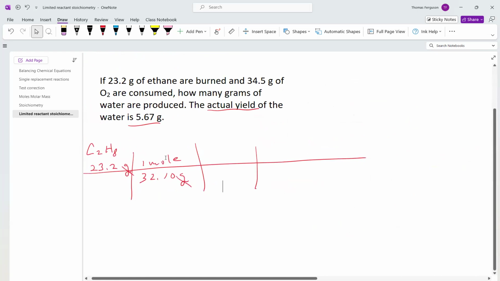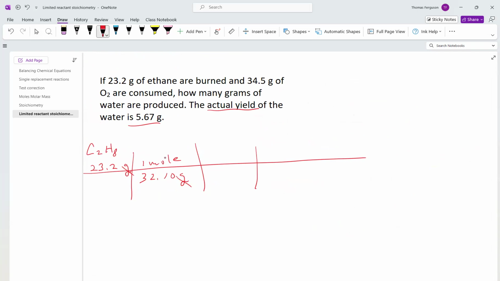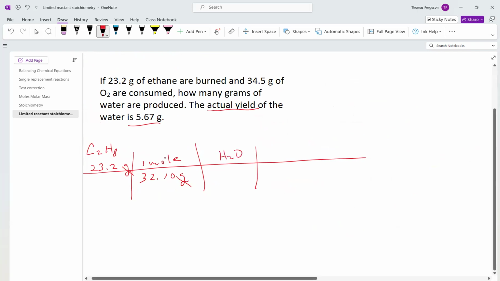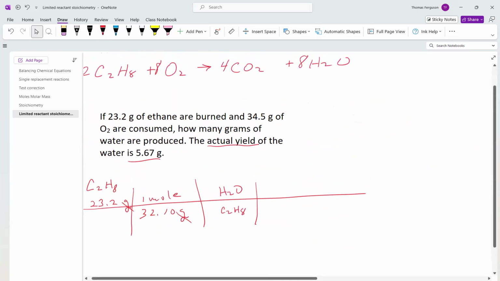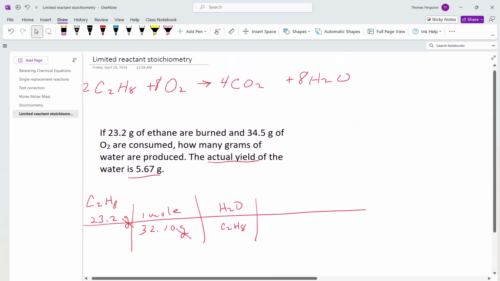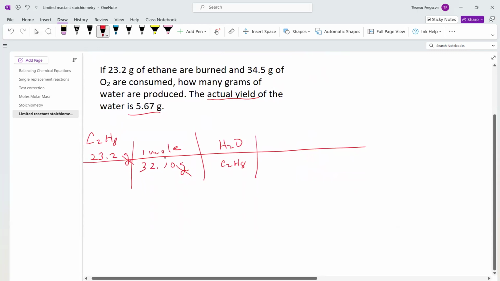Now we need to transition from ethane over to water, and that would be from the balanced equation. So water's 8, ethane is 2. And then we need to go over to grams.